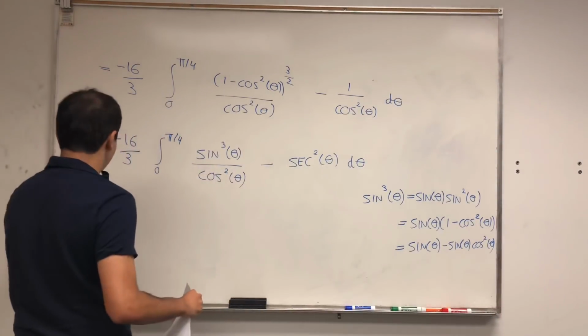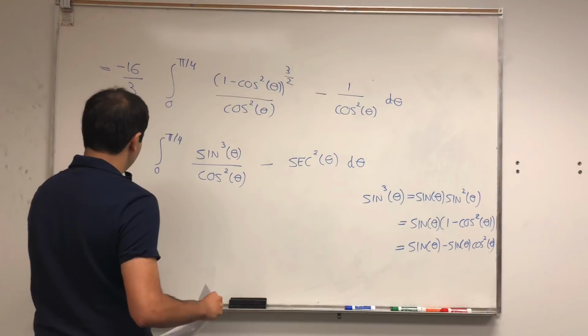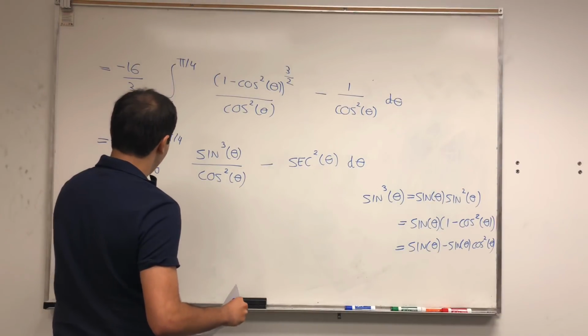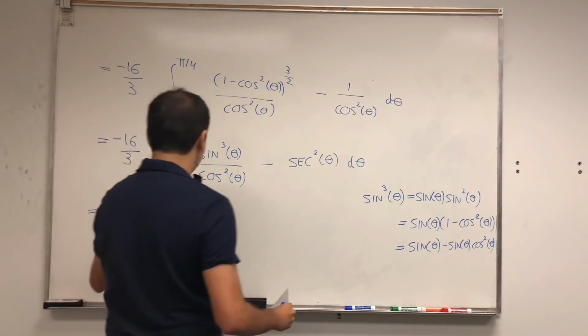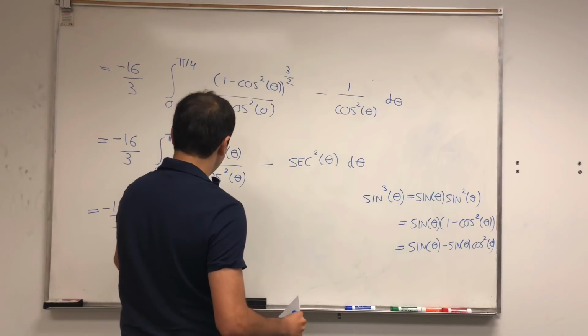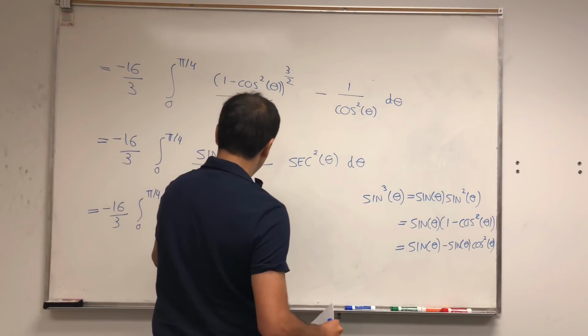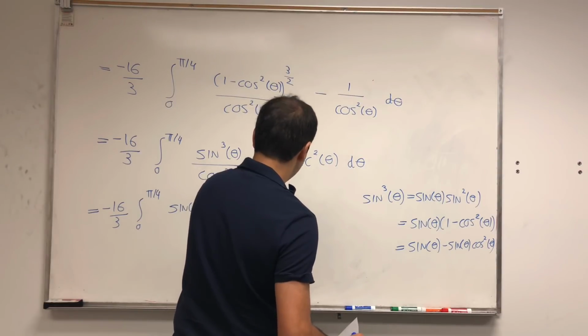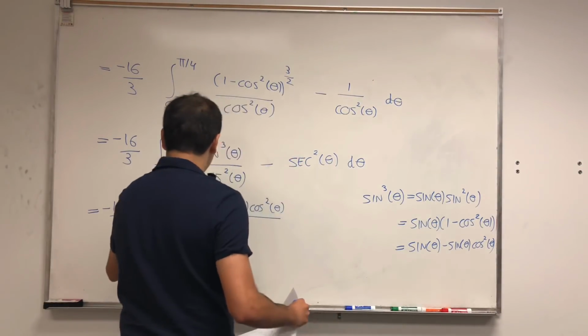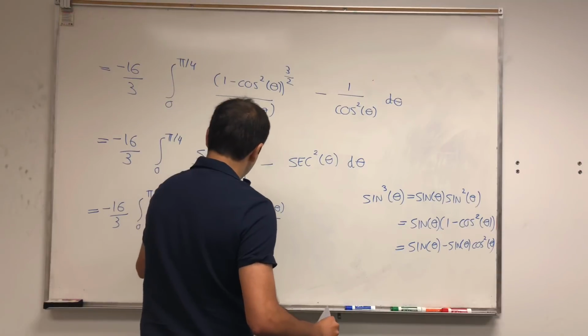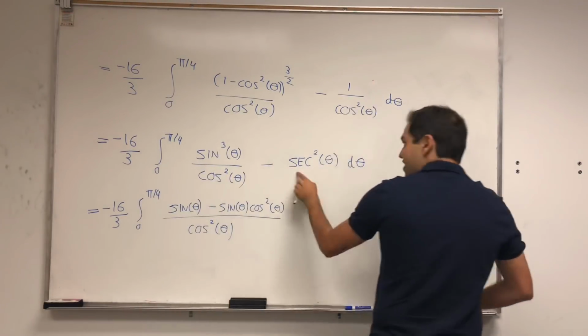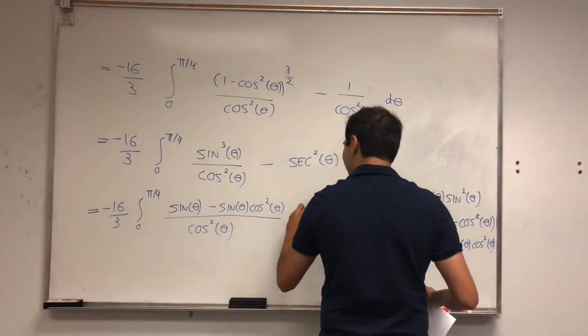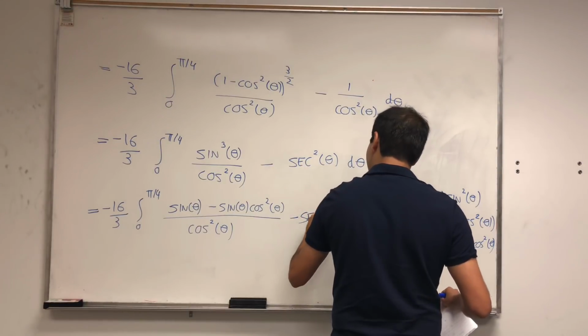So we get minus 16/3 integral from 0 to pi over 4 of sine theta minus sine theta cosine squared theta over cosine squared theta. This, of course, is tangent, but let's just evaluate everything at the end.